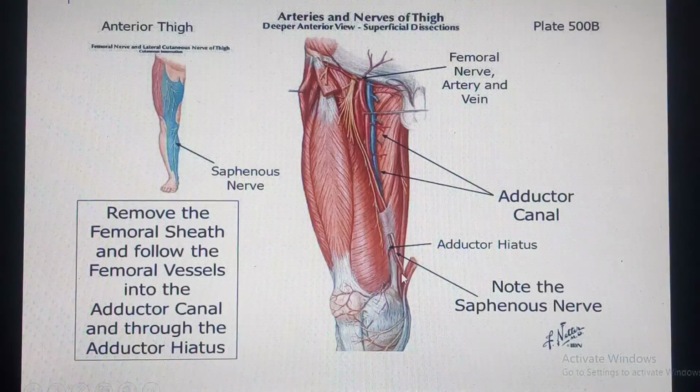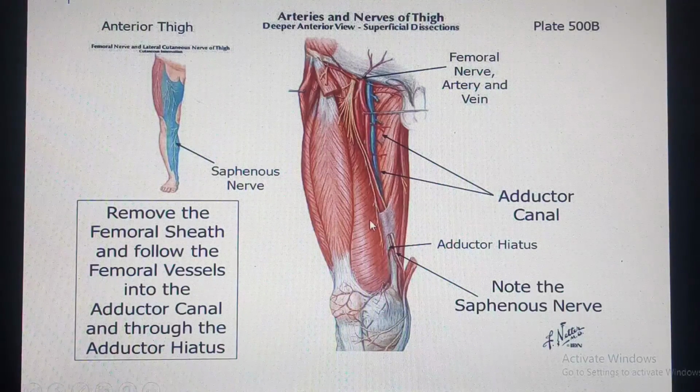Now there could be another situation where we can do what we call an adductor canal block. Okay, and we perform that so that we block the saphenous nerve, as well as sometimes even the nerve to vastus medialis, and when that happens, you can see this nerve.